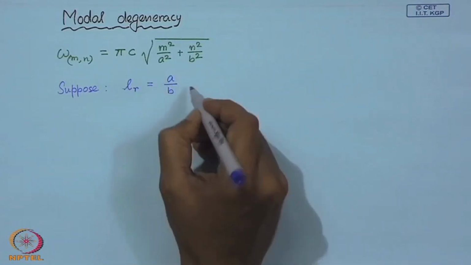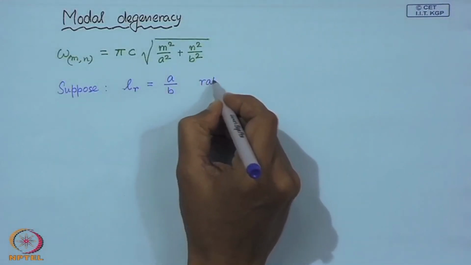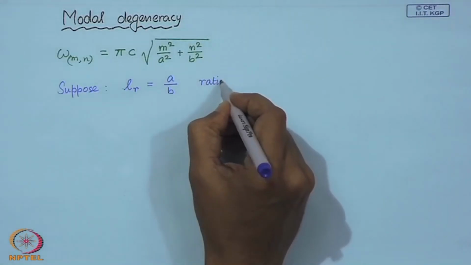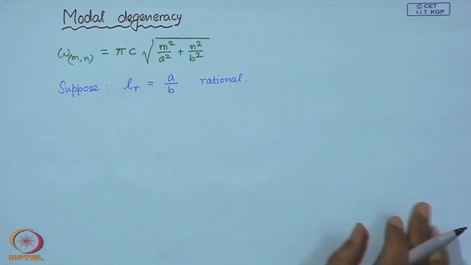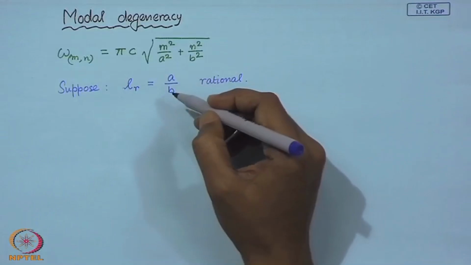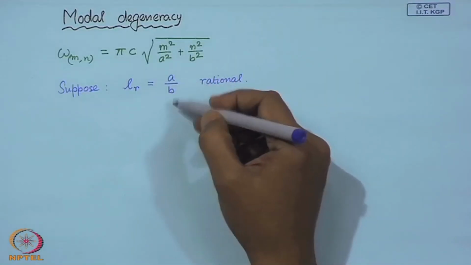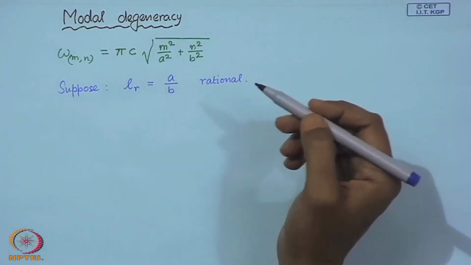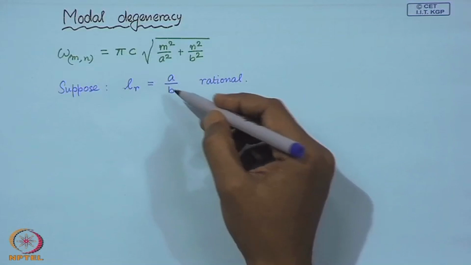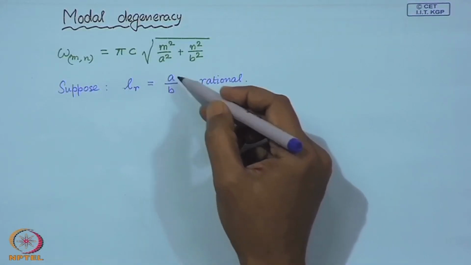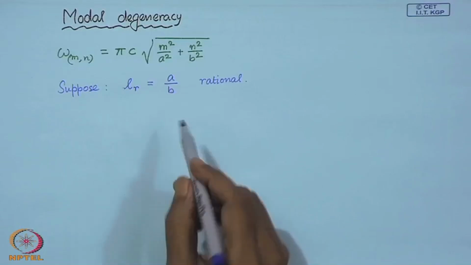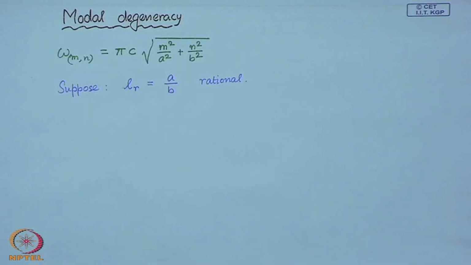Suppose this is a rational number. So, if this is a rational number, in that case we can have two integers a and b such that a over b equals the length ratio.